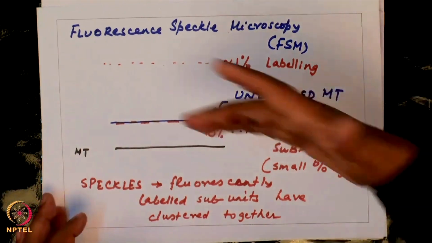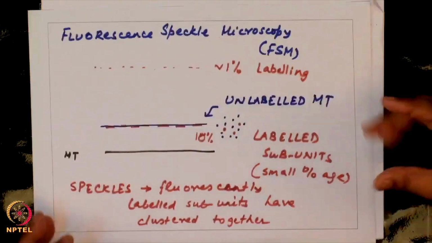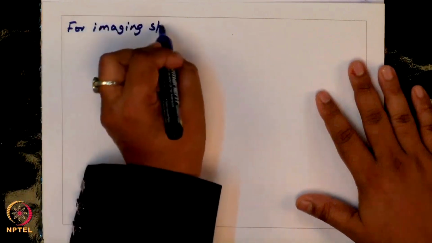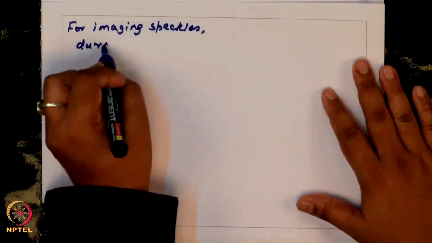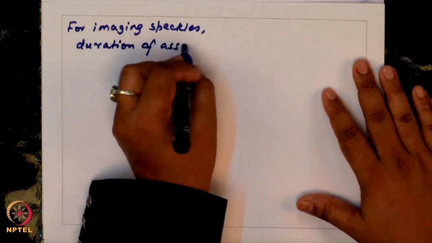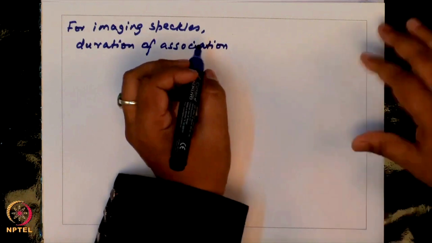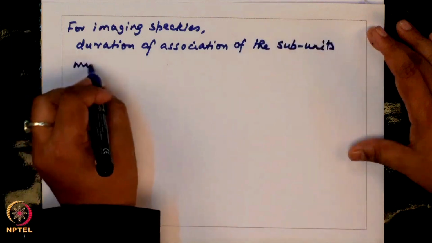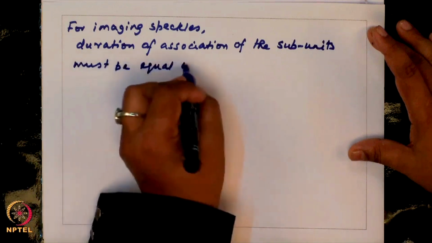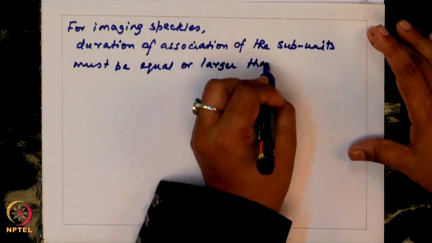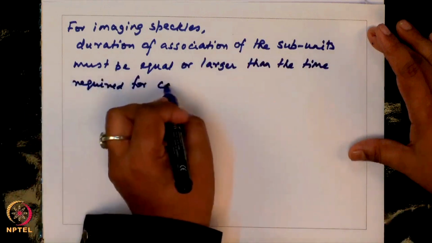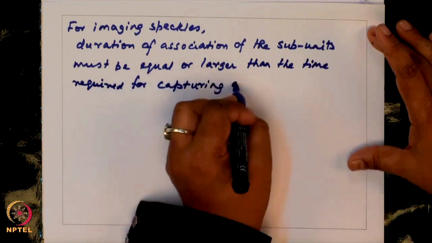So, in order to image these speckles, for imaging speckles, your duration of association of the subunits must be equal or larger than the time required for capturing a frame.